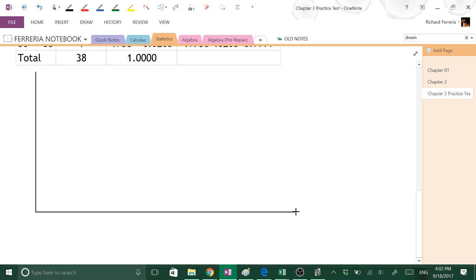There we go. And let's start labeling this. Should we go in frequency or in relative frequency, do you think? Relative. What's the biggest relative frequency? 0.28. Okay, so let's round that up. Let's make that 0.30. That makes this 0.20. 0.10.